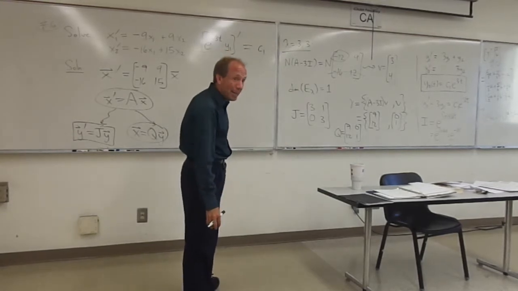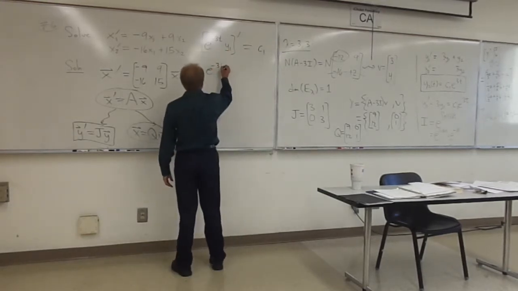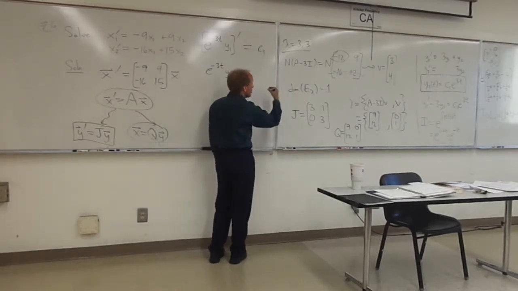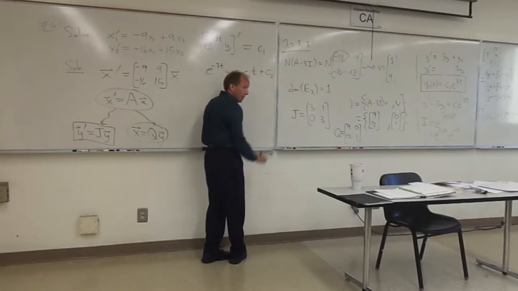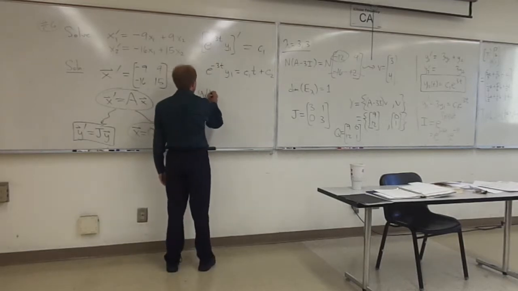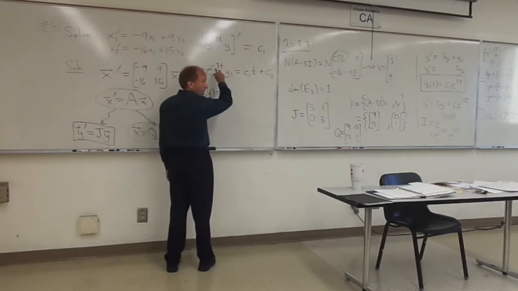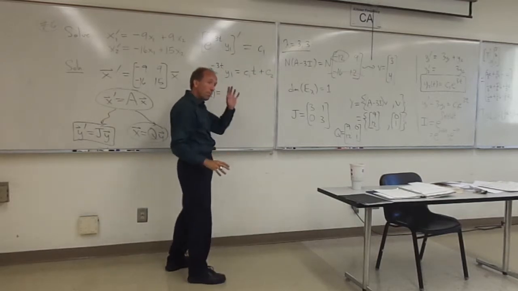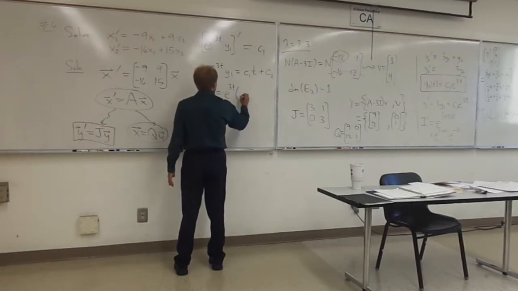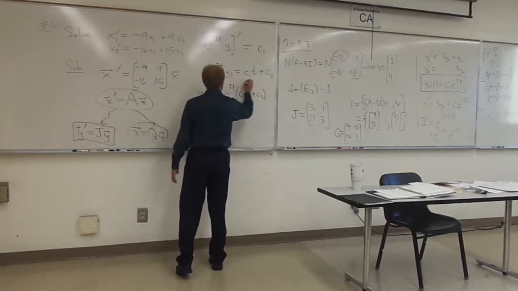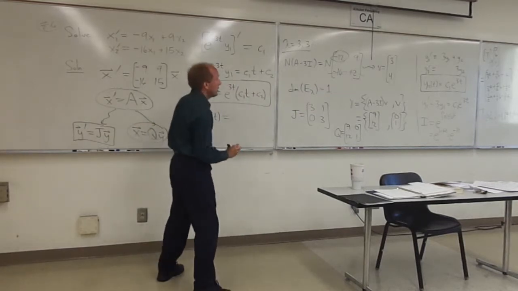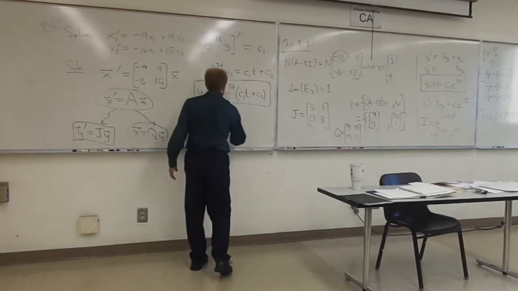Now we just integrate both sides. So we get e to the negative 3t times y1 is equal to c1 t plus another constant, which I'll call c2. And so y1 of t, if I move the e to the negative 3t to the other side, becomes e to the positive 3t times c1t plus c2. So there's y1. And then finally, we already wrote down y2, which was just c1 e to the 3t.